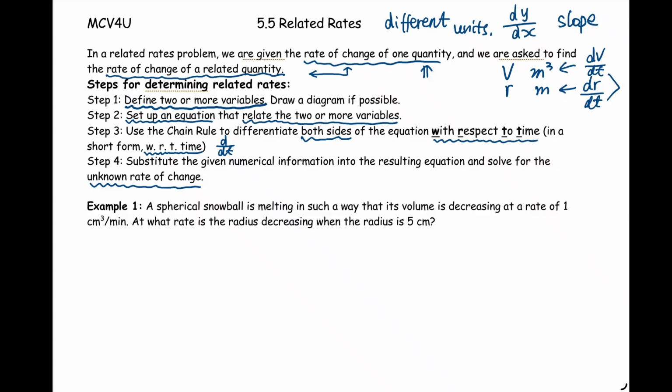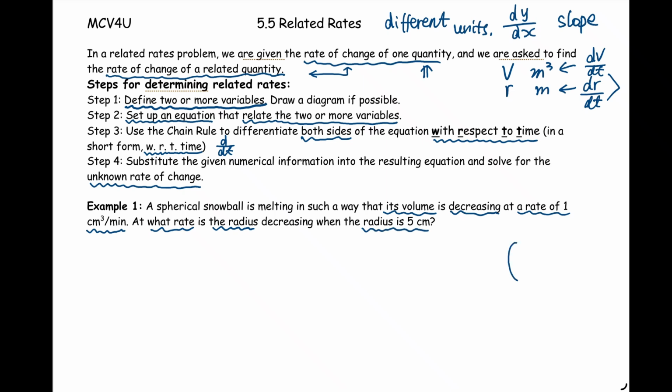A spherical snowball is melting in such a way that its volume is decreasing at a rate of 1 cubic centimeter per minute. It asks at what rate is the radius decreasing when the radius is 5 centimeters.